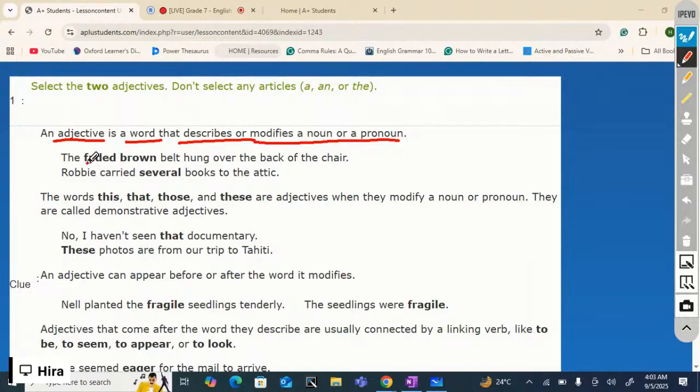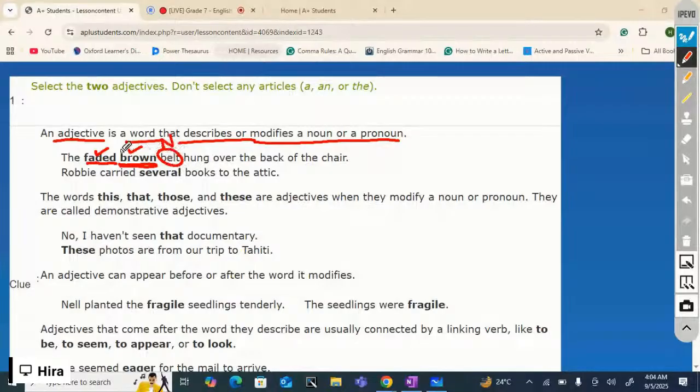The faded brown belt hung over the back of the chair. These two adjectives, first faded and the second brown, are describing one noun, belt.